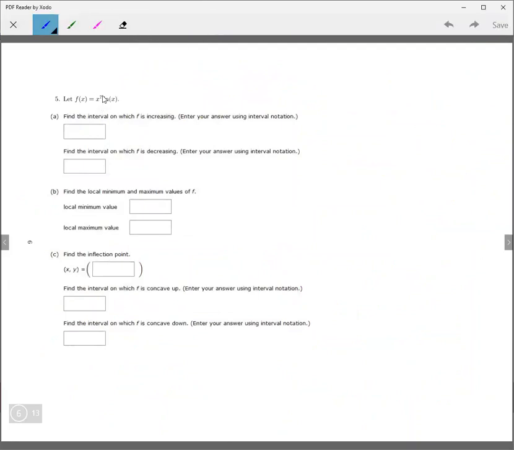Ooh, ouch, we have another word function. So the same thing as last time, except our function is x to the 7th log x. So let's go ahead. So the first derivative, okay, it's the product rule. So it's the derivative of this one, which is 7x to the 6th times log x, plus the first one times the derivative of the second one.